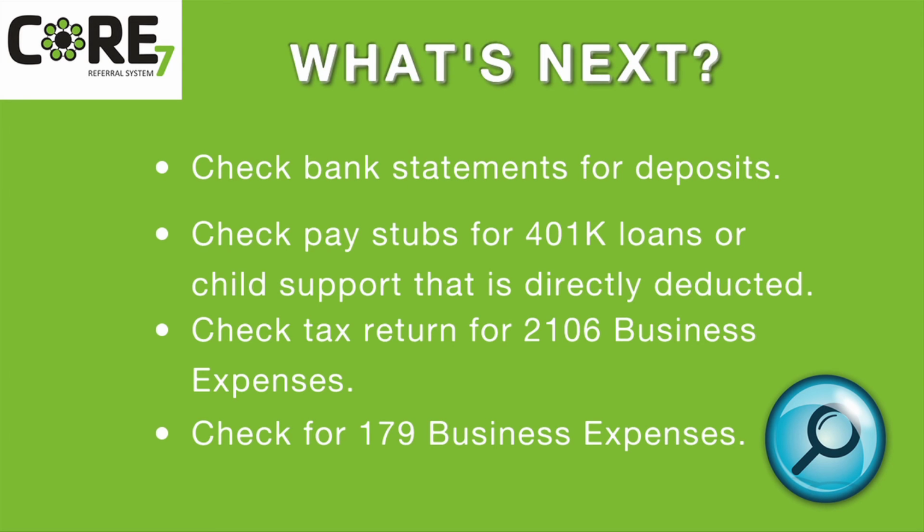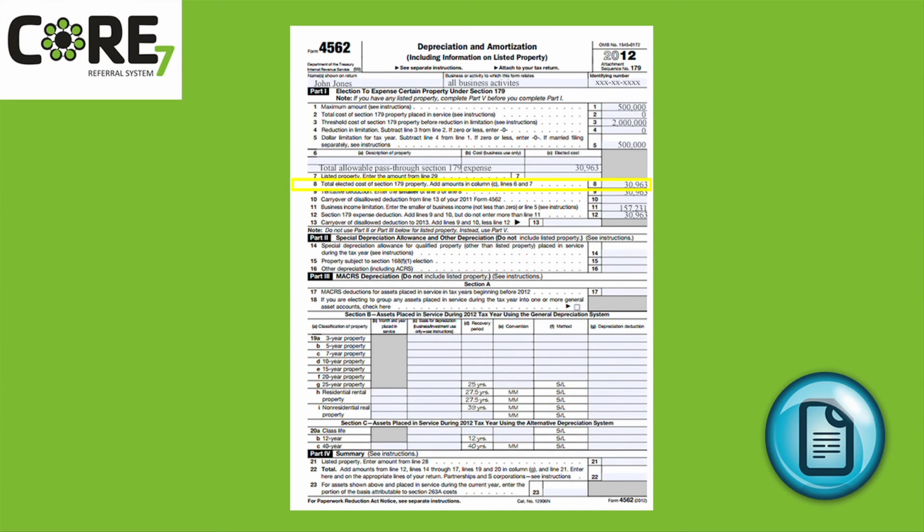Number 4. If the customer is self-employed, check if there are any Section 179 business expenses. This does not have anything to do with qualifying for the loan, but is a great way to add value and create stronger relationships with your clients. Many times this section is blank.